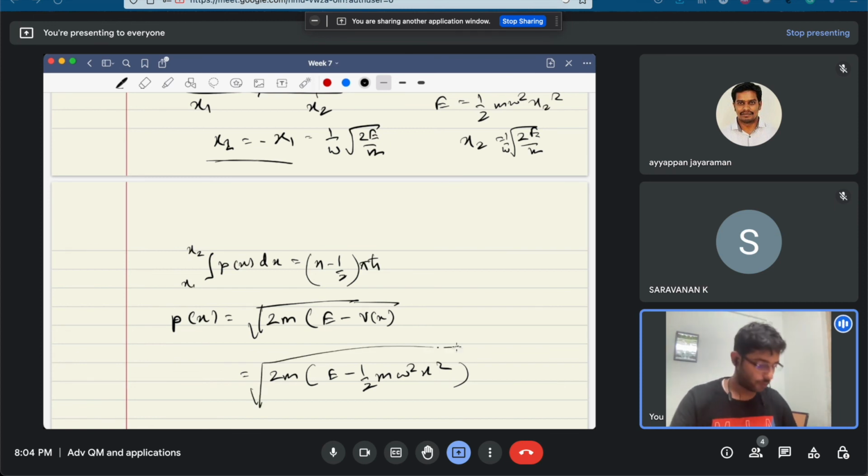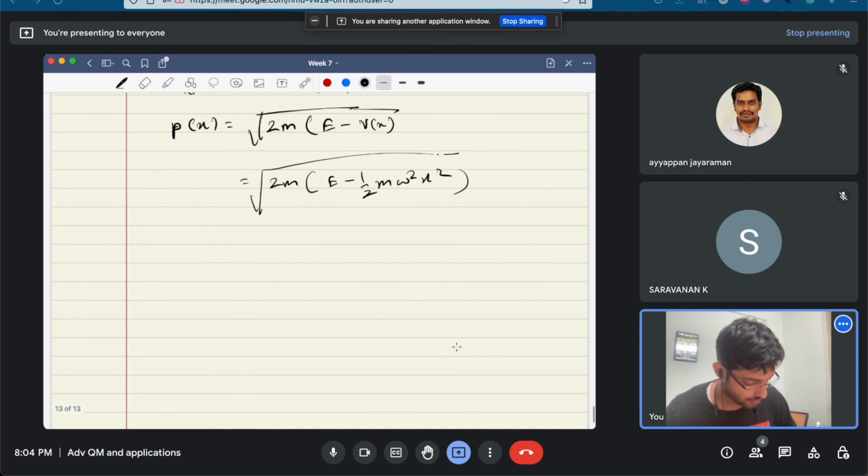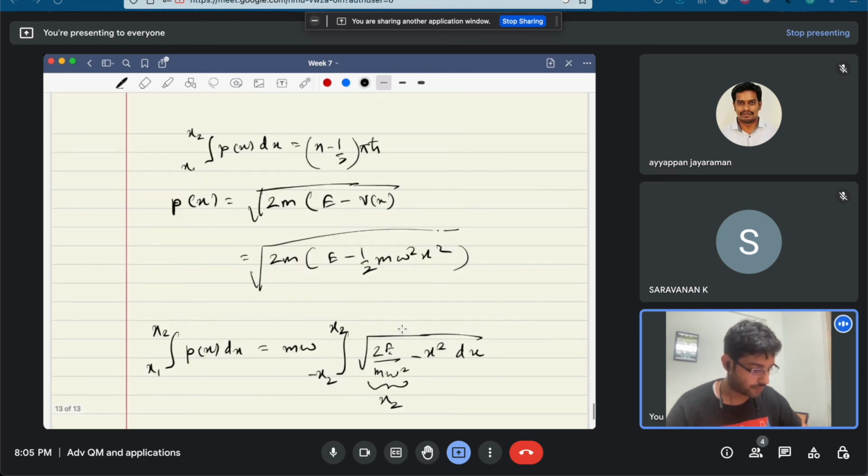Okay, now in order to do the integration for such a case, there are plenty of tricks. So you take the m omega out, you integrate from minus x2 to x2, and you integrate root of 2E by m omega square minus x square dx, and this part is nothing but your x2 square, which we have seen.